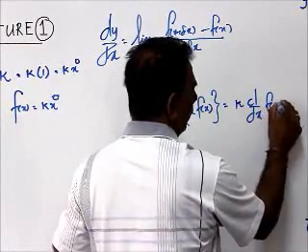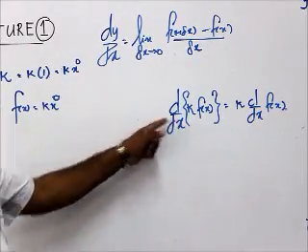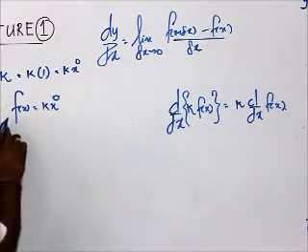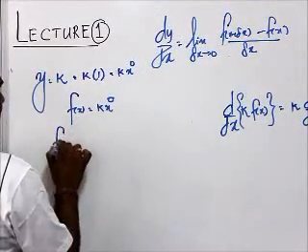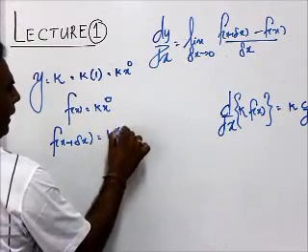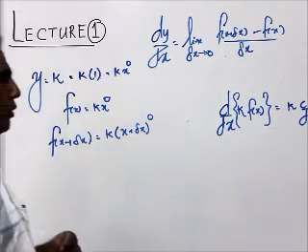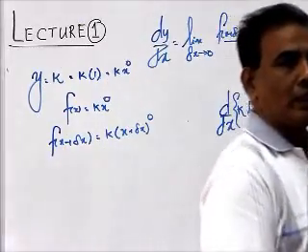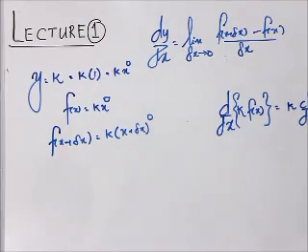You can take out the constant, so we can apply this here also. So f of x is equal to k x to the power naught, and f of x plus delta x is equal to k times x plus delta x to the power naught. So now we have to find d by dx of x to the power naught.